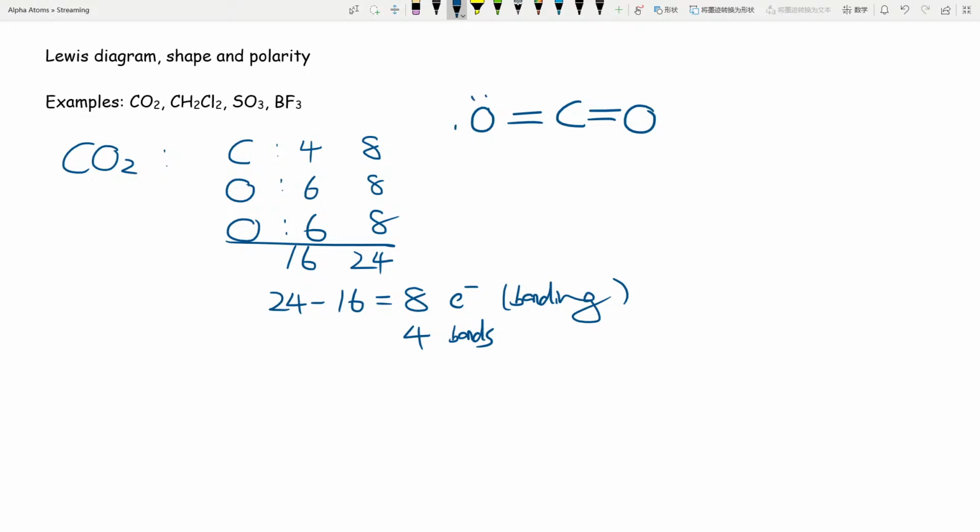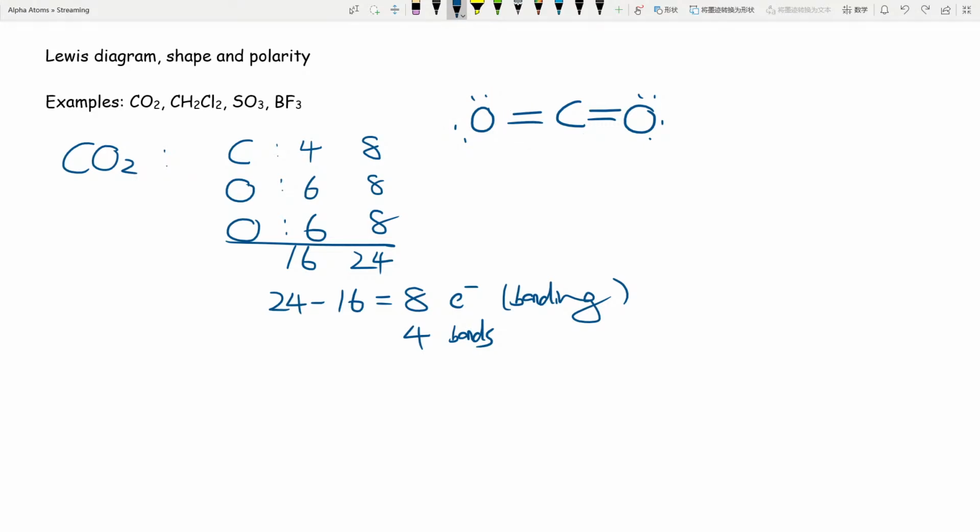Each of the oxygens has 4 non-bonding electrons, because that's 2 there, 4 there, and with the bonds that's 8. So that oxygen is stable, that oxygen is stable. Now this carbon already is stable because it has 4 bonds already. So this is CO2, if I get rid of all the other noise.